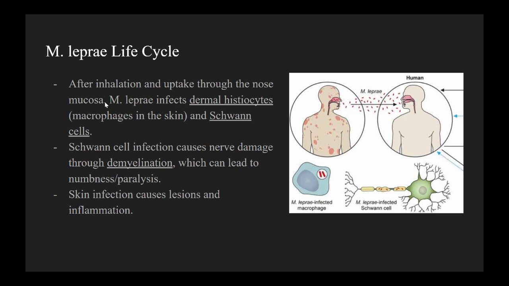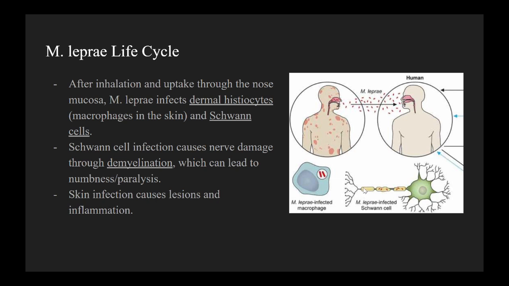So M. leprae is also inhaled and taken up by breathing. It makes its way through the nose mucosa, the mucous membrane within your nose. Then it can infect two types of cells. The first is Schwann cells. I think you guys have gone over the anatomy of a neuron, right? The cells that make up your nervous system have these myelinated sheath areas.